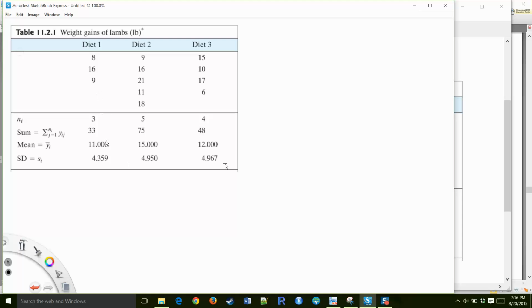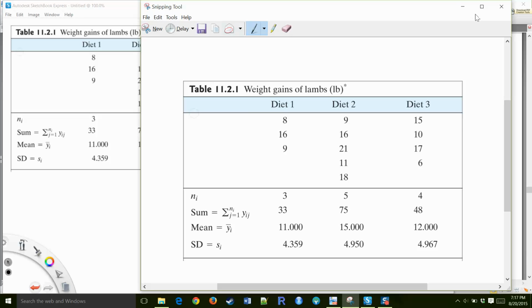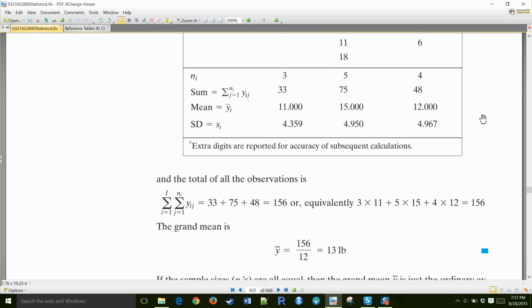I'm going to now plot these. Here I'm going to create a dot plot with all points, all three groups together.